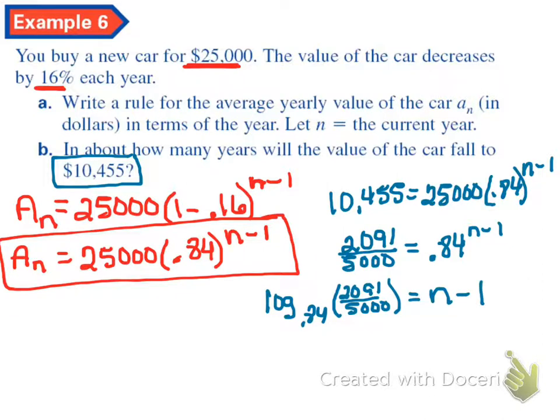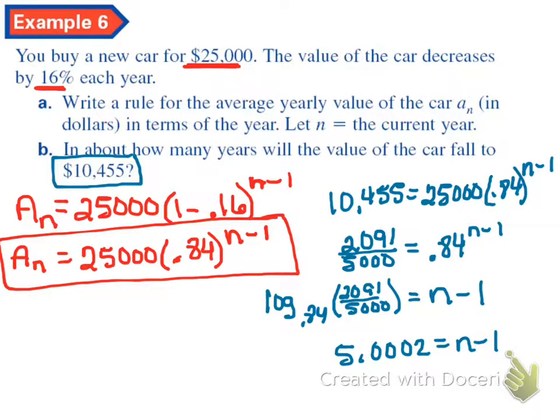Punch this into your calculator: the log with a base of 0.84 of the quantity 2,091 divided by 5,000. Once you punch that into your calculator, you're going to come out with 5.0002 is equal to n minus 1.